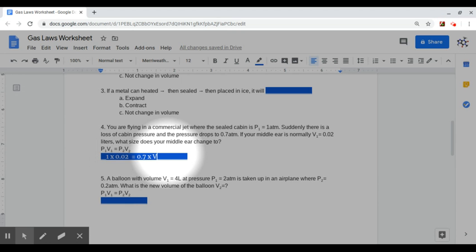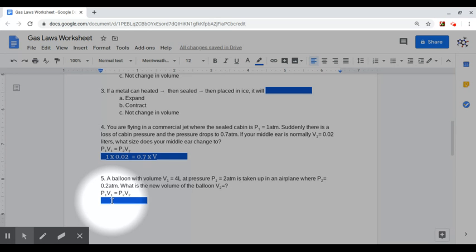All right, pretty basic. Question 5 says a balloon with volume V1 equals 4 liters at a little higher pressure, 2 atmospheres, is taken up in an airplane where the pressure becomes less. If you go high up in the atmosphere, the pressure is less. What's the new volume? Now you're using the same formula again.